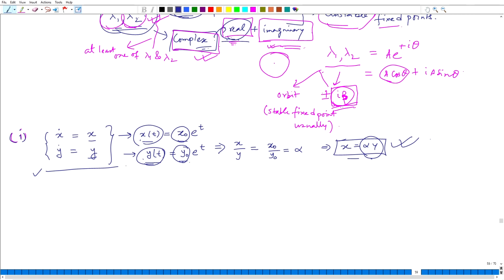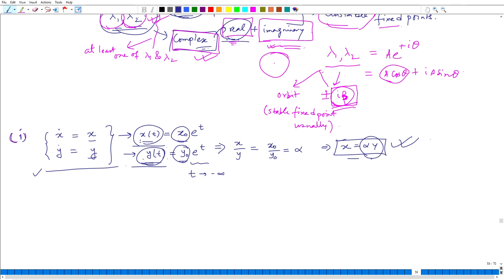Actually, only for t tending to minus infinity will it go to 0. So, it is an impossible case for this type of motion to have zero displacement in phase space x and y.